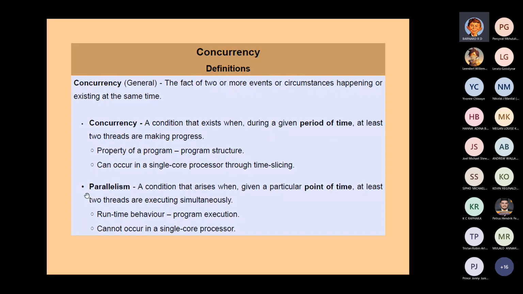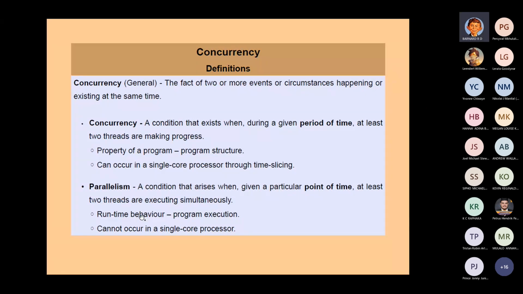And there's another concept called parallelism, which you don't need to know about for this module. I'm just mentioning it because you will see it in various sources. It is a condition that arises when, given a particular point of time, and this is a point of time as opposed to a period of time, at least two threads are executing simultaneously.